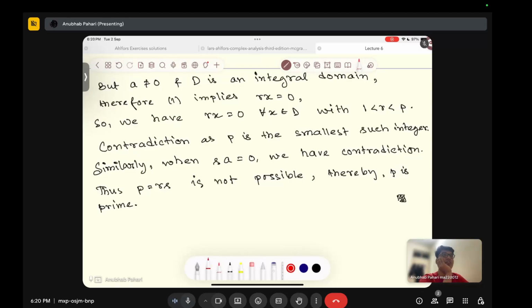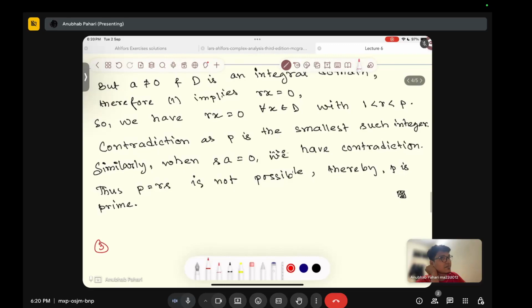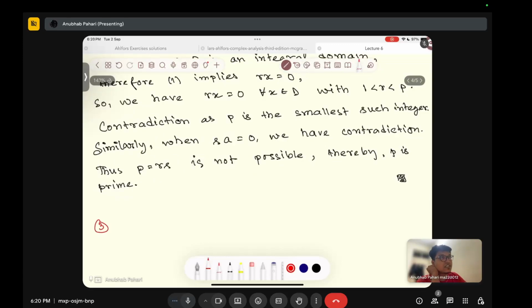Now coming to the third proof. It's an interesting exercise.